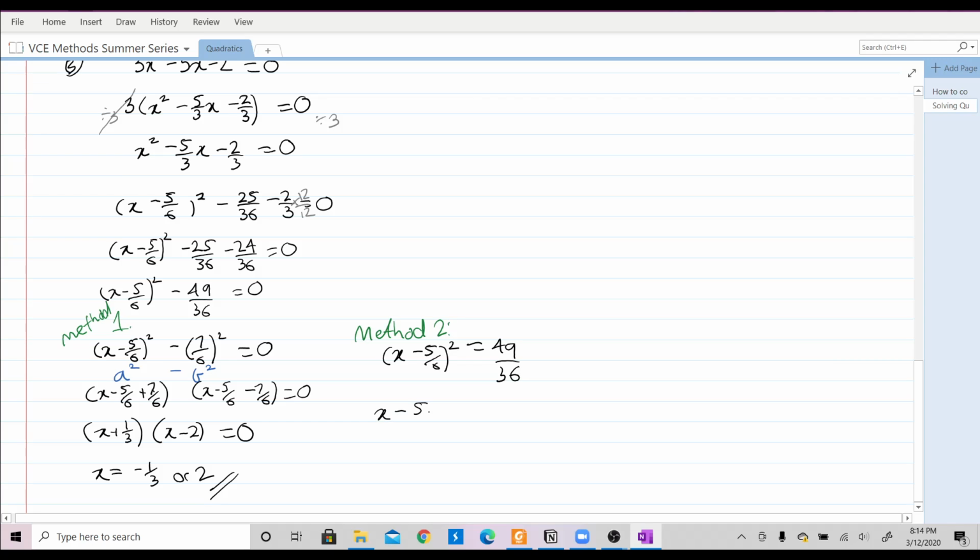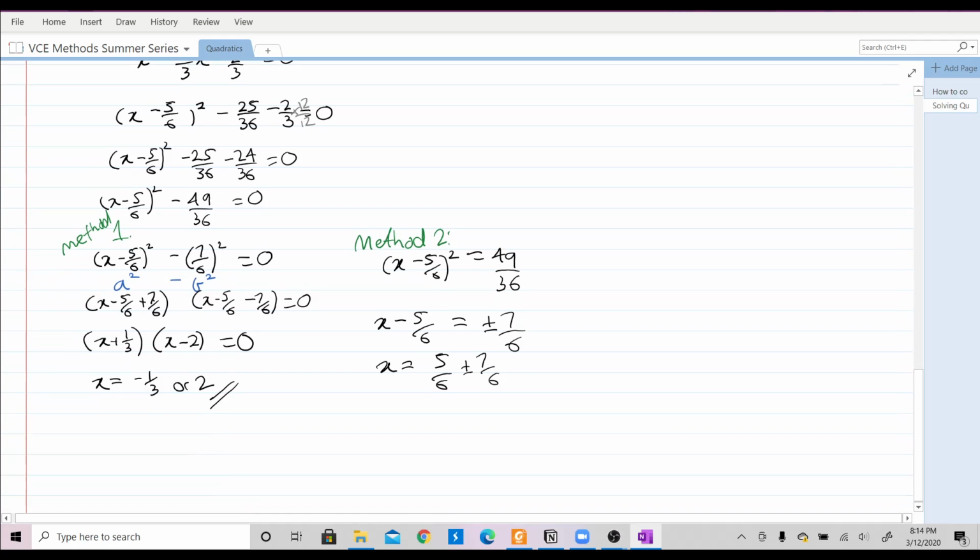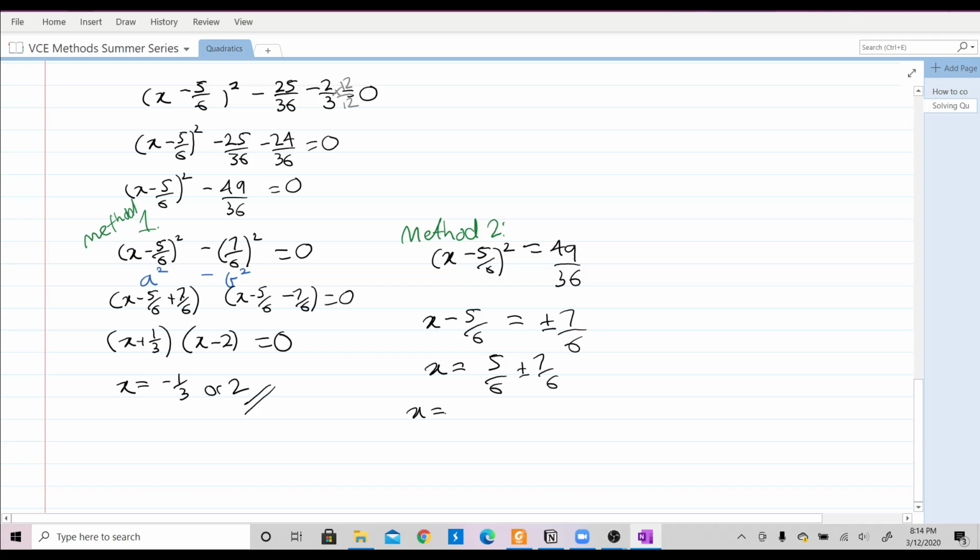We're going to square root both sides, so it becomes ±7/6. So then x = 5/6 ± 7/6, which will get you 5/6 + 7/6, which is 2, and 5/6 - 7/6, which is negative 1/3.